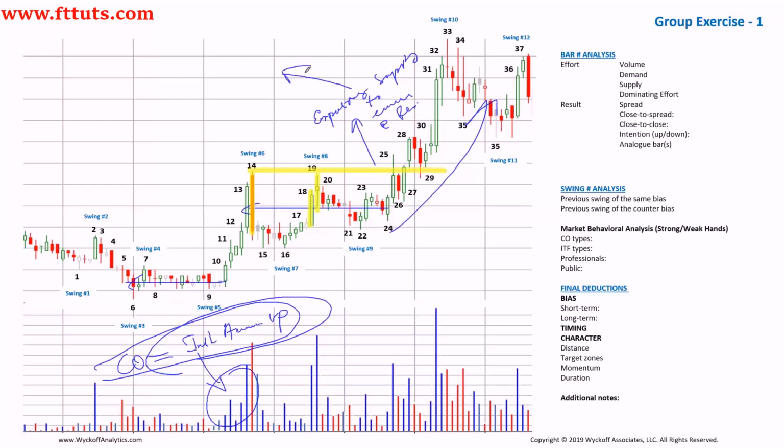Now, this idea suggests that still duration is going to increase. If duration is going to increase, then the cause is going to increase, and then our targets are probably going to increase, and we're probably going to have a better rally in terms of how much it rallies distance-wise, or the way of how it rallies.